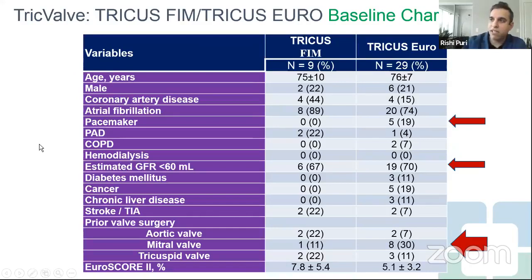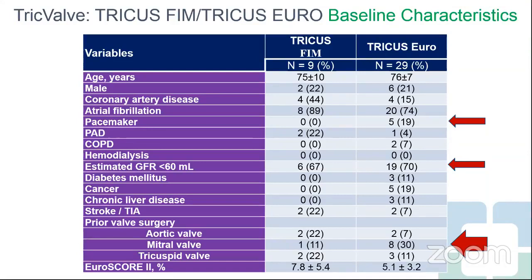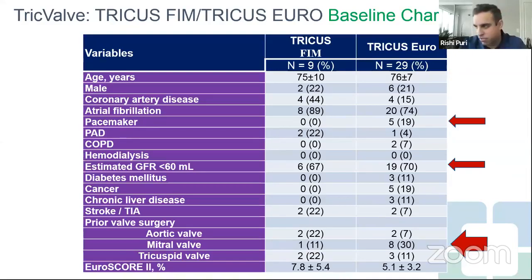So when we look at the baseline characteristics of the first in man or EFS study, as well as the more recently enrolled TRICUS EURO study, you can see that this represents a standard cohort of patients with severe tricuspid regurgitation who are at high risk for surgery. 1 in 5 of these patients, more so in the TRICUS EURO cohort, had permanent pacemakers.